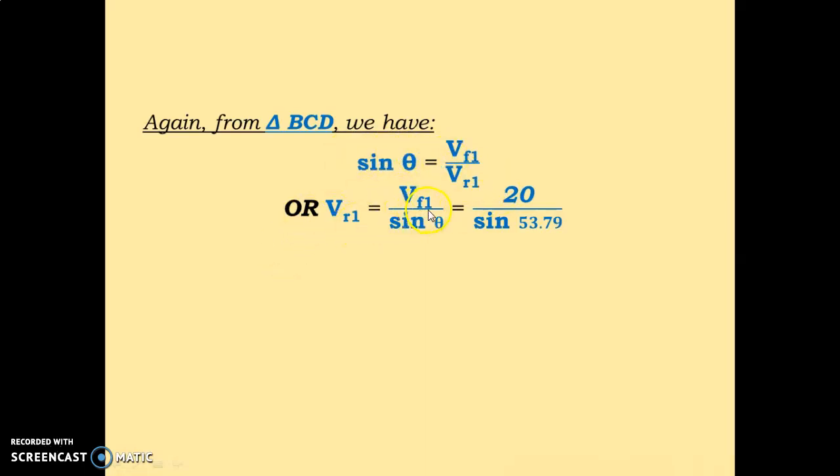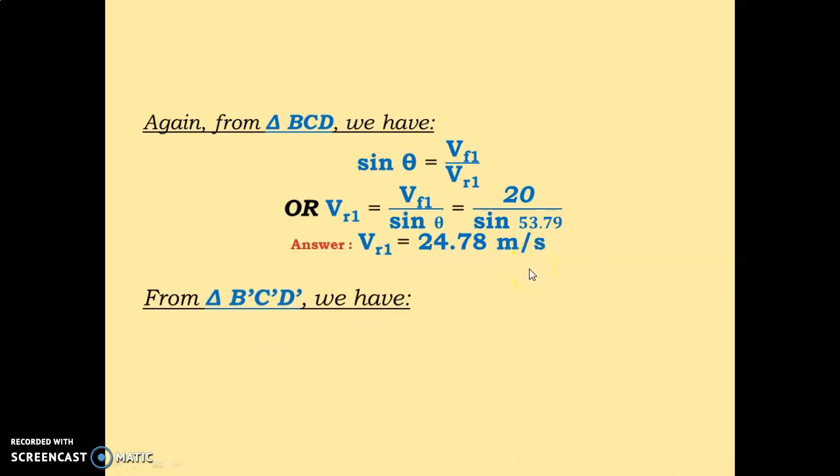VR1 is equal to VF1 upon sin theta, where VF1 is 20 and theta is 53.79 degrees, which we have found. So VR1 is equal to 24.78 meter per second. Now we know from the inlet and outlet velocity triangles that VR1 is equal to VR2. So we have found out theta.